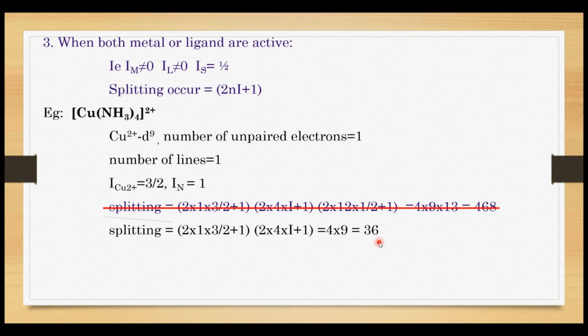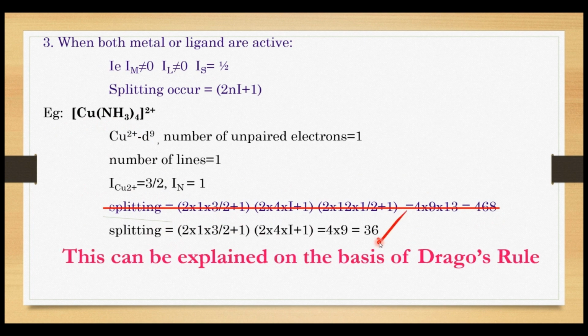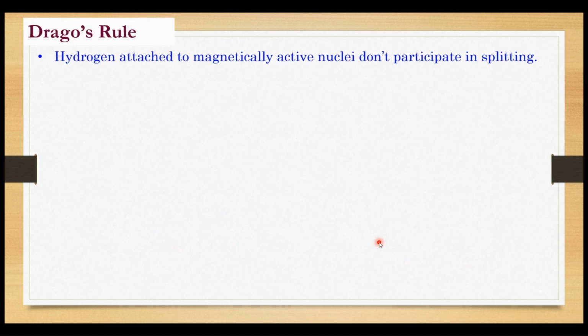Why is it so? It is explained using one rule that is known as Drago's rule, and Drago's rule is very, very important in the case of transition metals. So we can discuss more about Drago's rule. Drago's rule has a postulate that hydrogen attached to magnetically active nuclei don't participate in splitting.